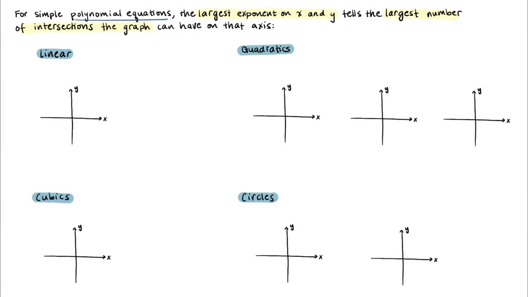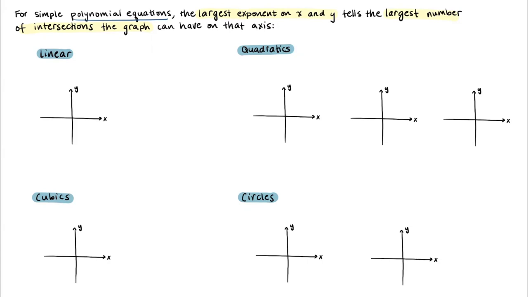The largest exponent on y tells you the largest number of intersections the graph can have on the y-axis. I'll just review up to a third degree, but this is true up to the 1,000th degree, 2,000th degree, all the way up.